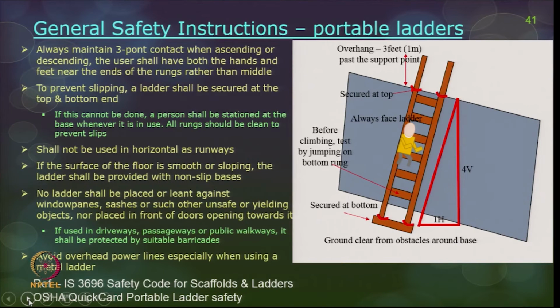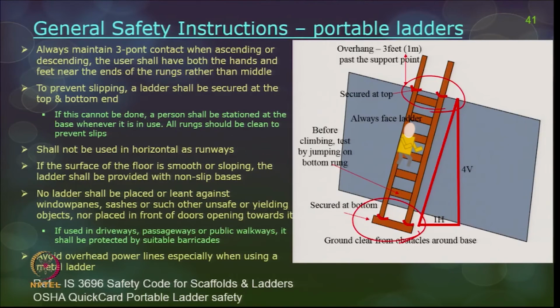Primarily you put your 2 hands onto the side rails and both legs onto the rungs. The hands should be close to the side rails, and the feet also should be close to the side rails, even though they are on the rungs. When you put both legs onto the rungs, you should be able to put one hand either above or below.